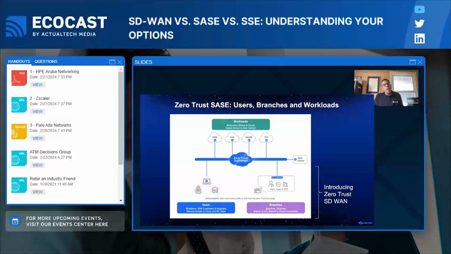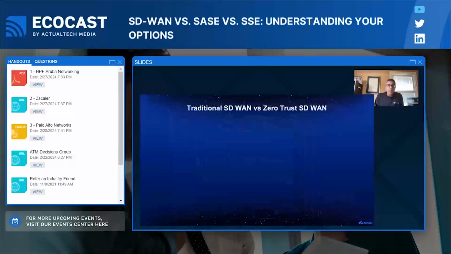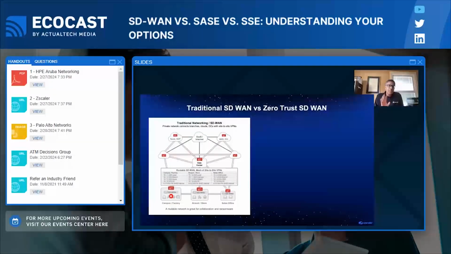However, traditional SD-WAN has many of the problems that we spoke about earlier in terms of access, lateral movement, exposure. So if you think about a traditional kind of mesh type of SD-WAN environment, this is really a mesh of site-to-site VPN.